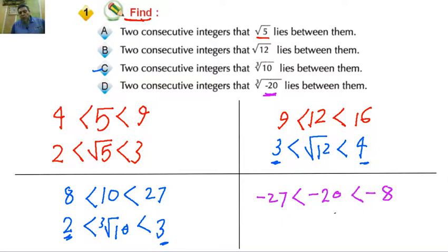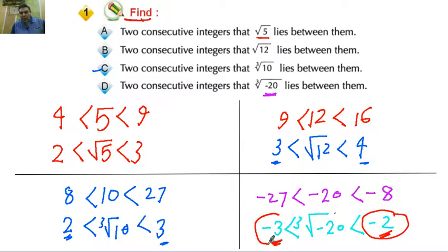By taking cube roots, the cube root of negative 27 is negative 3, cube root of negative 20 stays as it is, and cube root of negative 8 is negative 2. So cube root of negative 20 is between negative 3 and negative 2, because negative 2 is greater than negative 3.